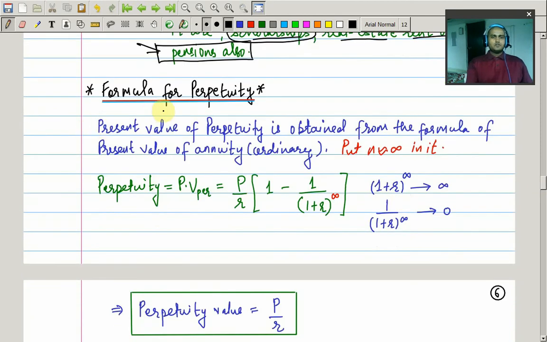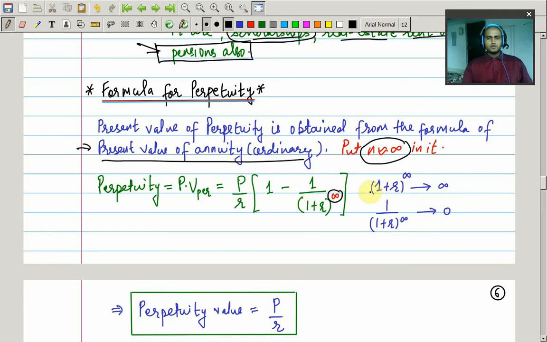So here I have formula for perpetuity. Present value of perpetuity is obtained from the formula of present value of annuity. So we put n is equal to infinity in it. So here I have written n is equal to infinity.